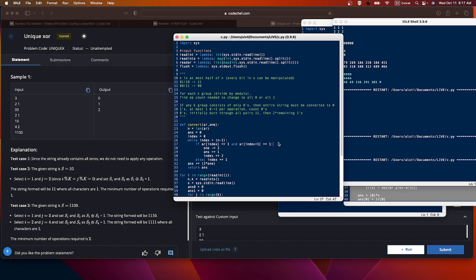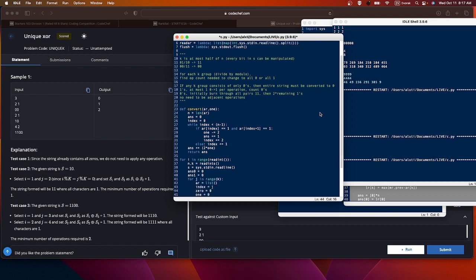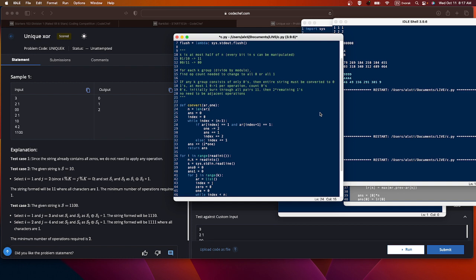These don't have to be adjacent. So our one conversion is correct. That means, yeah, no, this is even simpler then.